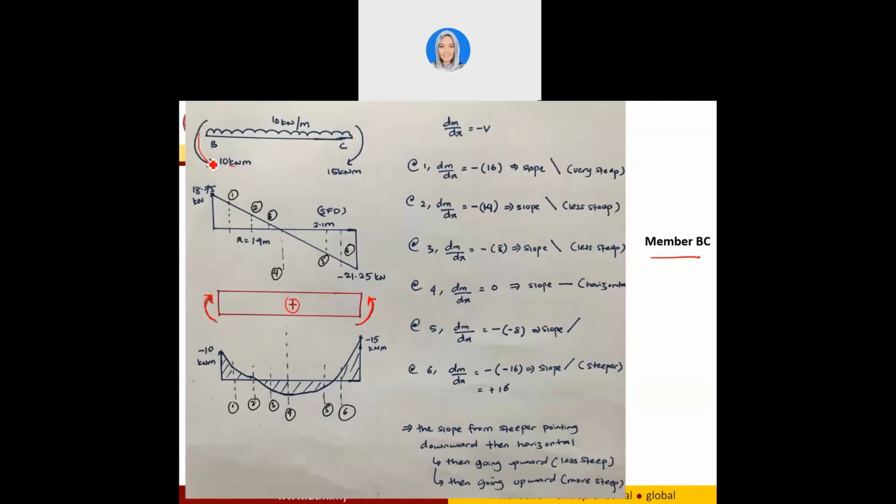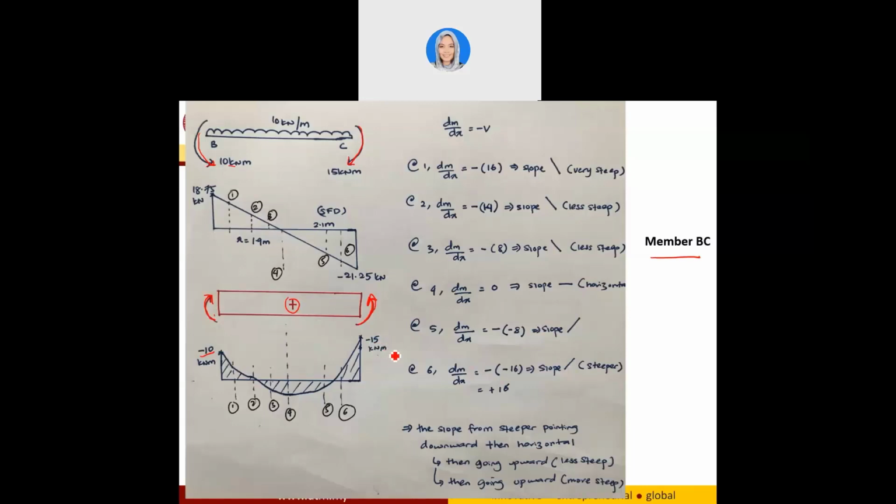Since it is the opposite direction of the guidance, you have negative 10 here. For the other end you have clockwise, however guidance says anti-clockwise is positive, so again you have negative 15 kilonewton meter.